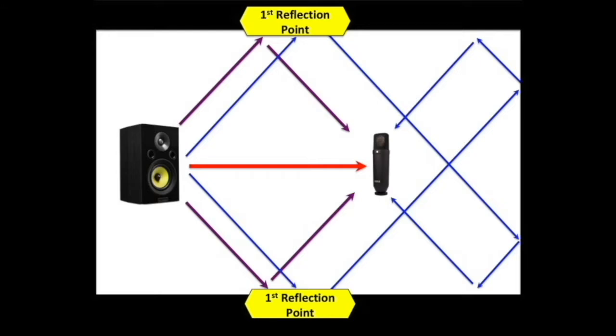In this diagram, we can pretty easily see what is often referred to as the first reflection point. And if you want to know more about reflection points, you can find lots of information on YouTube and the internet. And as the name implies, there are other reflection points in a room. And again, in this diagram, it's easy enough to see where other reflection points would be. So these are the places where you would want to install acoustic treatment, right? It makes sense. In this video, we'll focus on the first reflection points.